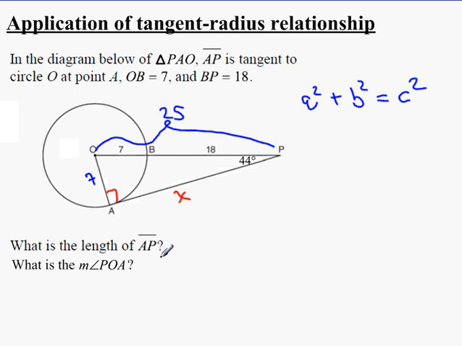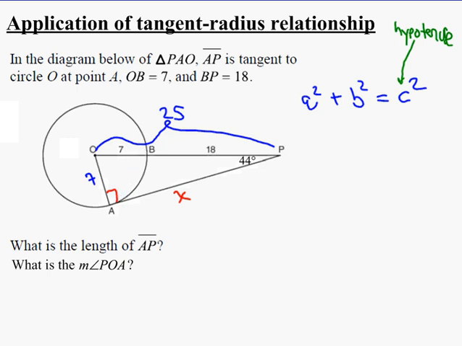So let's go ahead and use the Pythagorean theorem. Remember, when you use the Pythagorean theorem, C represents the hypotenuse. So what's the hypotenuse over here? There are two ways to identify it. It's the longest side, and it's across from the 90-degree angle.